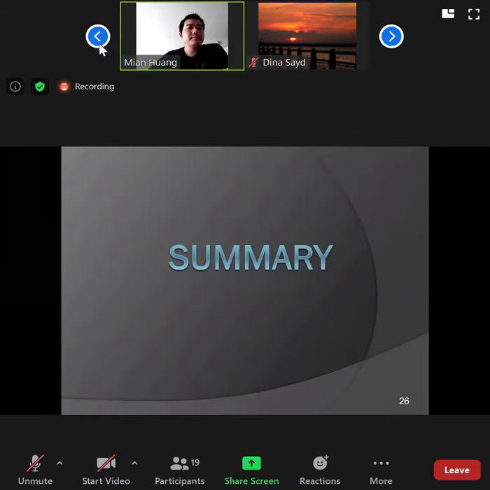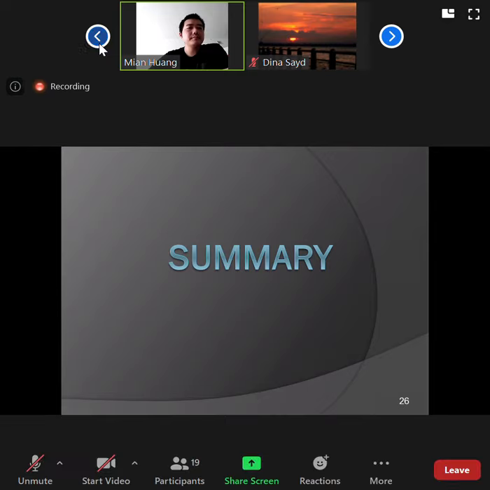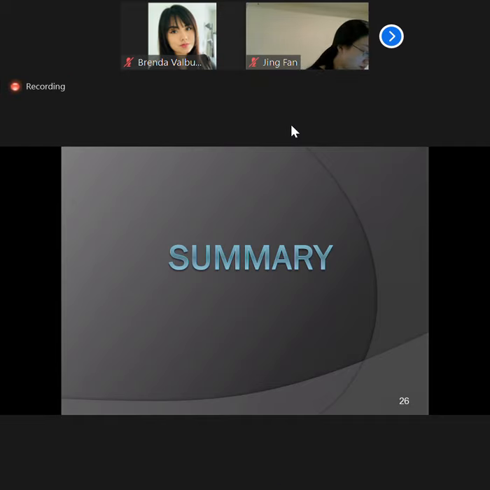So for the summary, the 2.5D micromodel is much easier to manufacture and control than 3D models. The 3D model is difficult to observe the flow in, because it's very complicated.